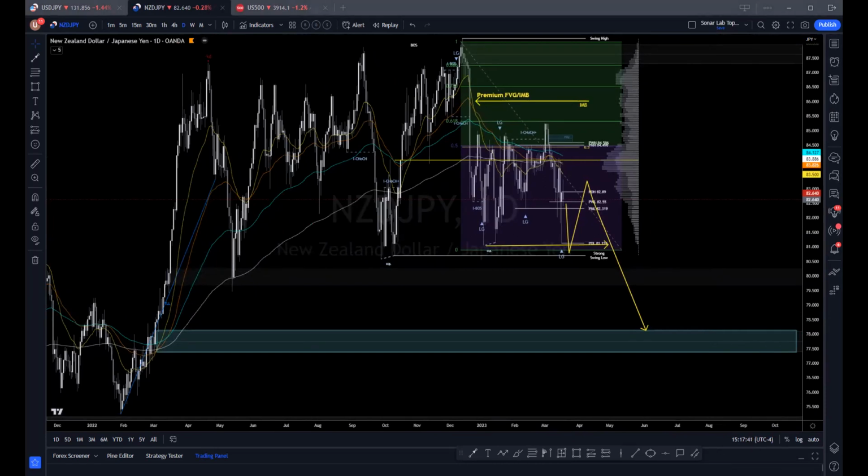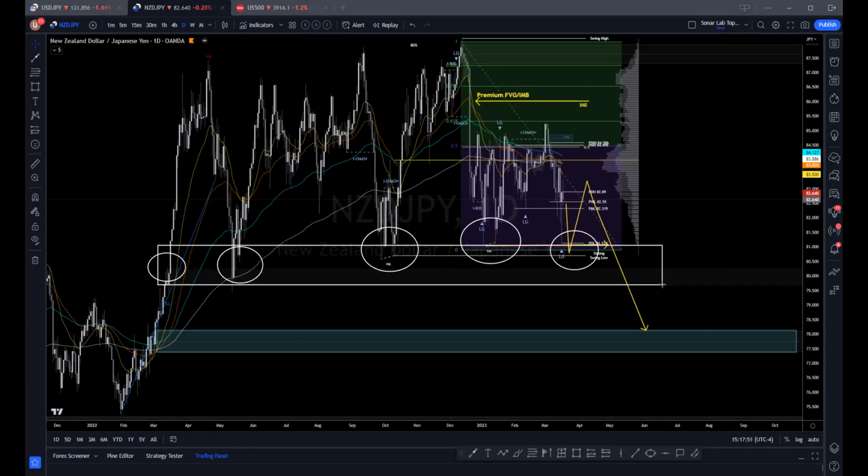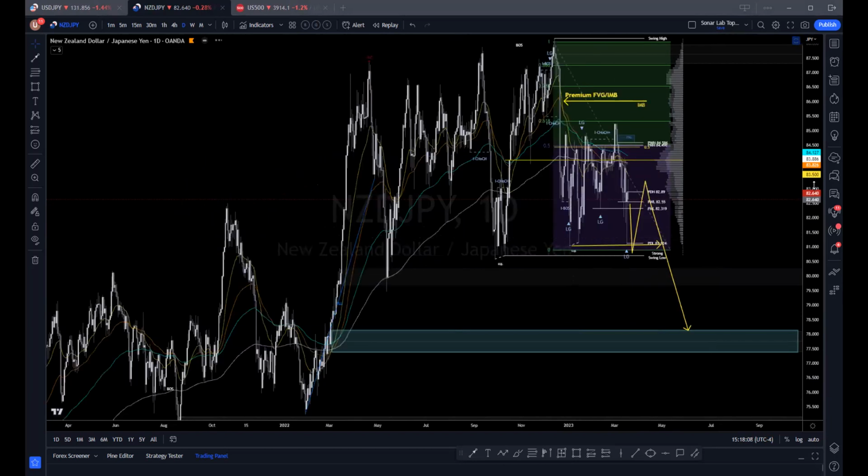You guys can see that, right? Got this barrier right here. It will break. There's pressure on yen to break that structure, and once it breaks, it will be going down.